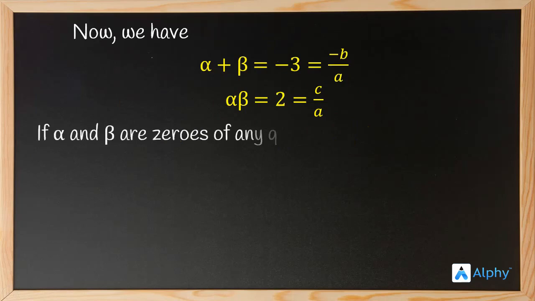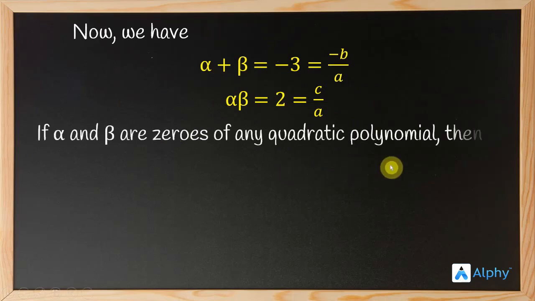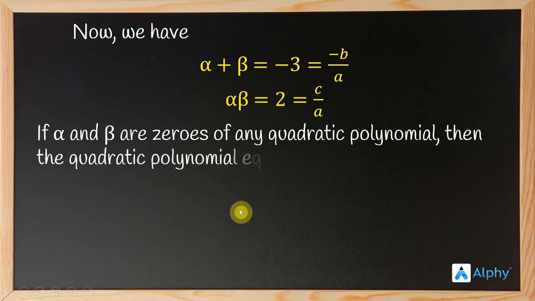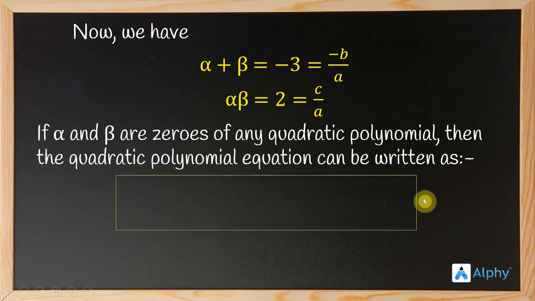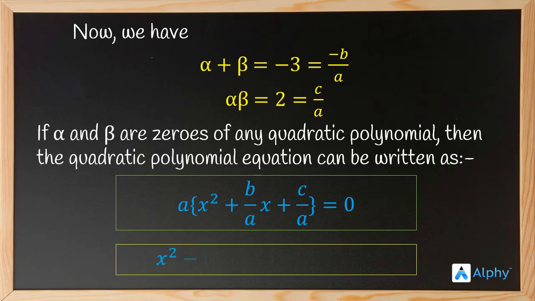If alpha and beta are zeros of any quadratic polynomial, then the quadratic polynomial can be written as, so basically here we have our quadratic polynomial, and what we have done is that we have taken a common from ax square plus bx plus c. Now why we have done this, let me show you the next step. So now you can see in this step that we have got this particular equation. Now how did we get this?